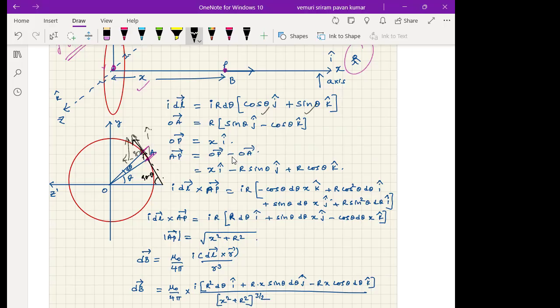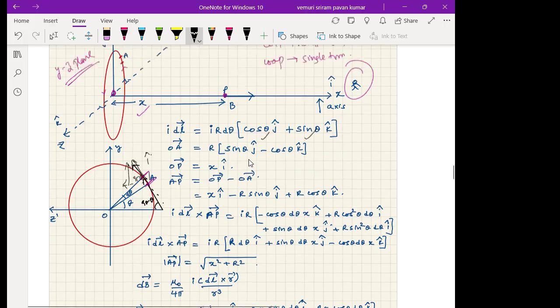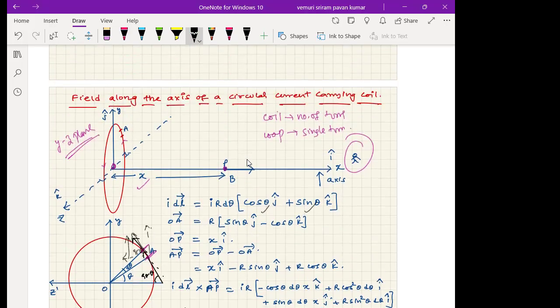Right. OA bar. Now, first of all, you got dl bar. You want OA bar. OA bar, I know, is R sin theta j cap minus cos theta k cap. OP bar is x i cap. Now, what is happening? OP bar, AP bar.